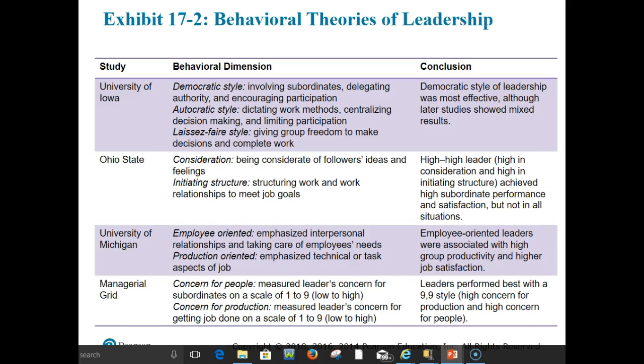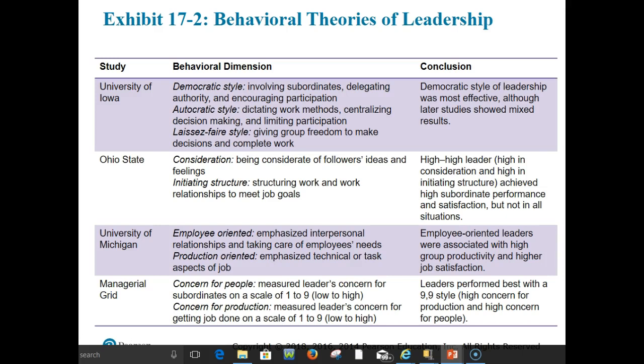You had your autocratic style, dictating work methods, centralizing decision-making, and limiting participation. And then you had your laissez-faire style, giving group freedom to make decisions and complete work. Now, the conclusion on that study was democratic style leadership was most effective, although later studies showed mixed results.